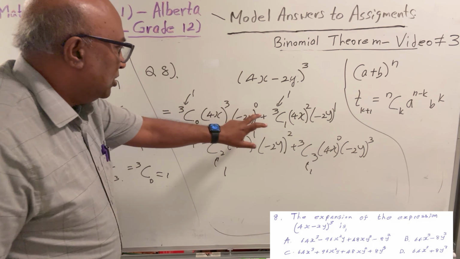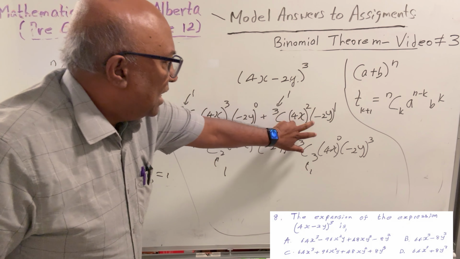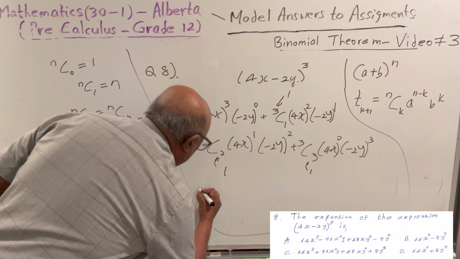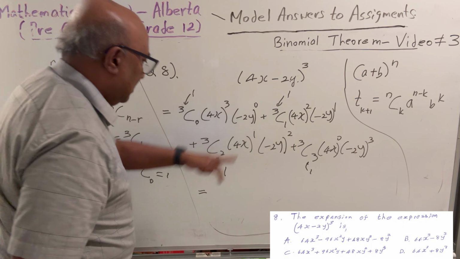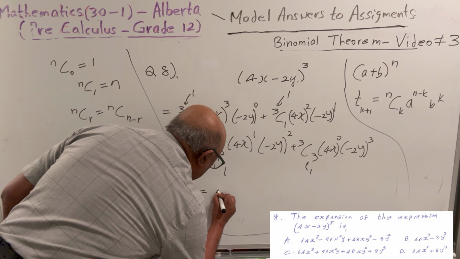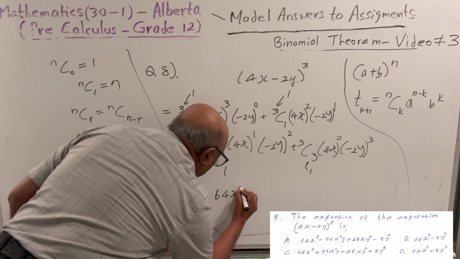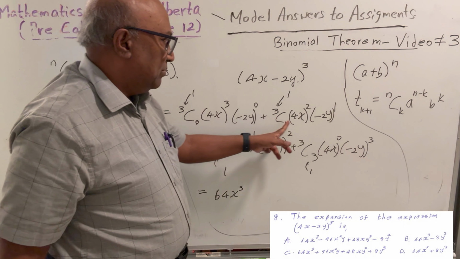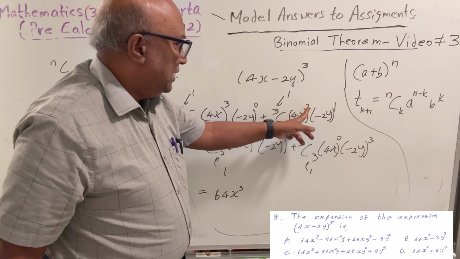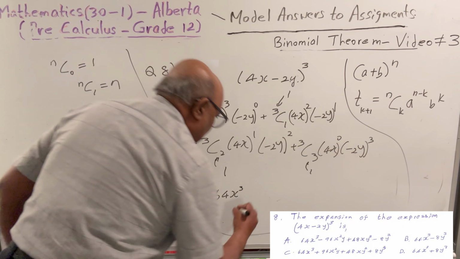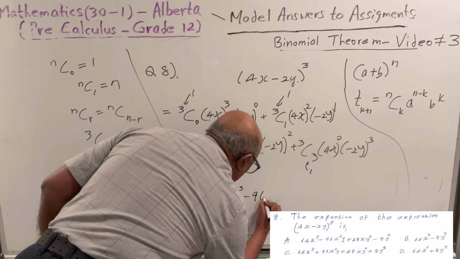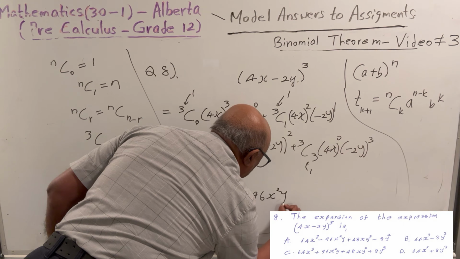Okay, by plugging in these values, let's simplify the other numbers also. What will this become? 16x cube. No, 64x cube. What is this term? 16 times 3 is 48, times 2 is 96, minus 96x squared y.